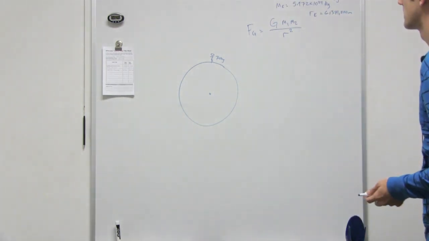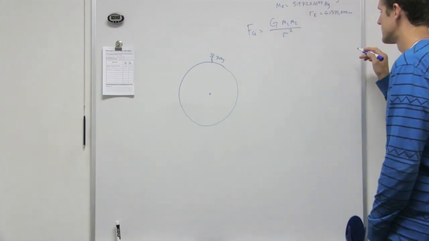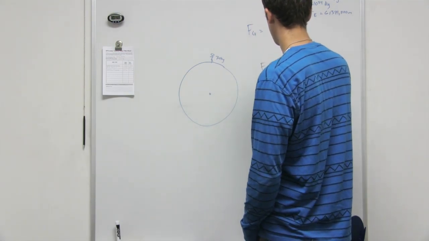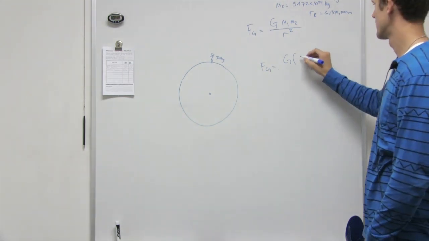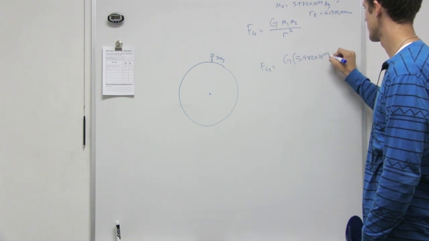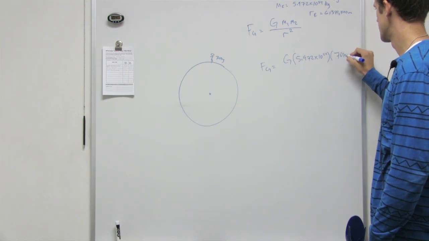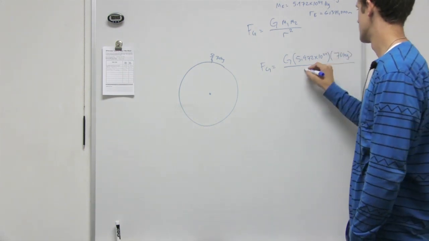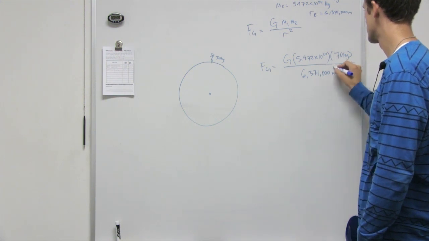Okay. So if we wanted to do this problem now, we'd say force of gravity equals G times mass 1, which would be the Earth, 5.972 times 10 to the 24th, times mass 2, which is 70 kilograms, all over 6,371,000 meters squared.